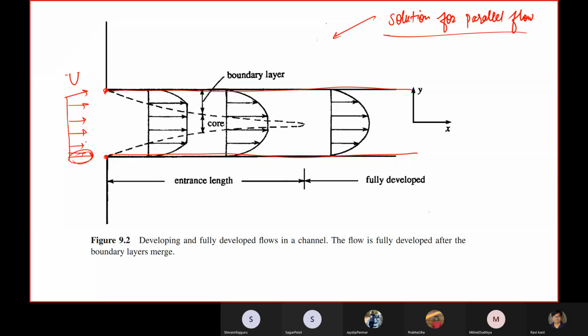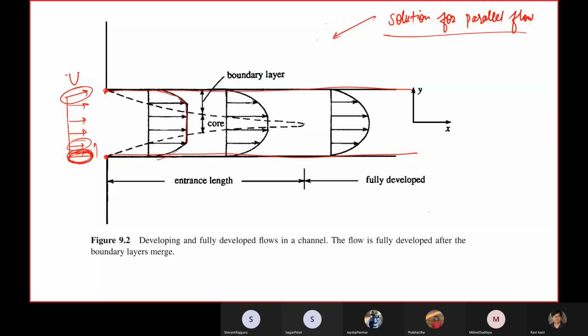The fluid packet above that fluid element at the wall is pulled back by this fluid element, and similarly at the top plate. So you will have a profile that looks something like this.